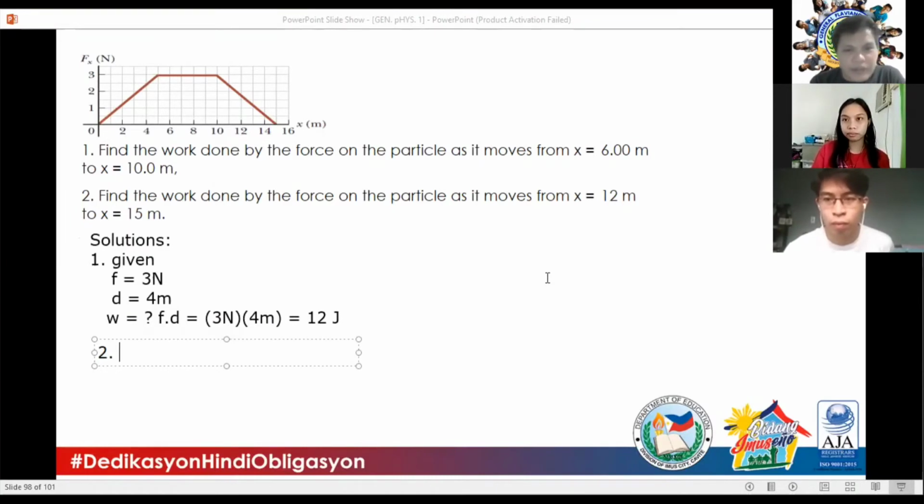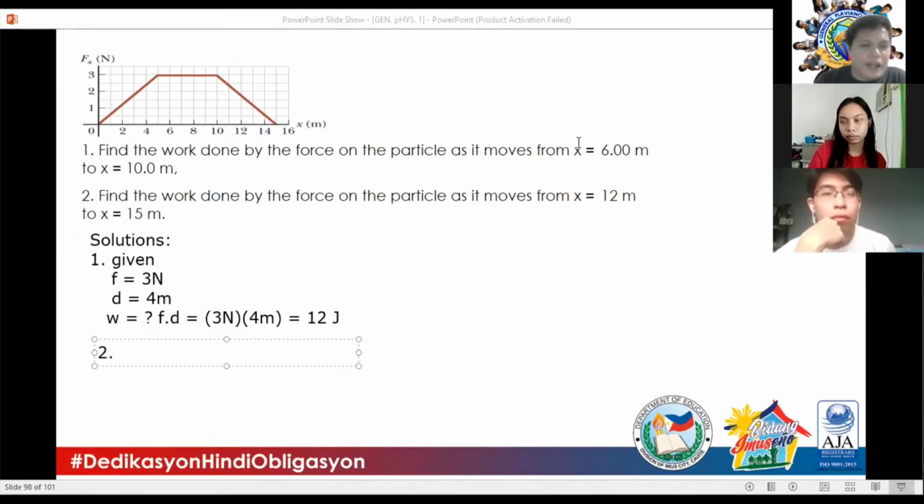Okay, what about number 2? Find the work done by the force on the particle as it moves from 12 meters to 15 meters. What will be the work done? Ang hint po dito is to use the area of triangle. Triangle.